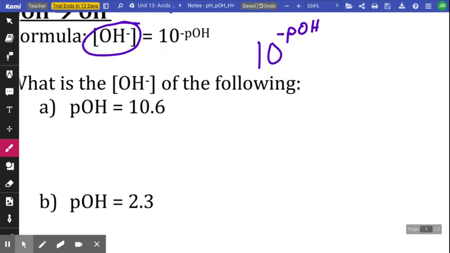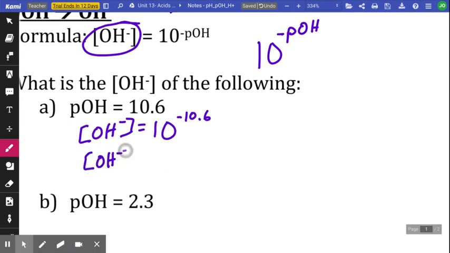So right here, what is my hydroxide concentration of each of the following? My pOH is 10.6, so negative 10.6. I'm going to plug that into my calculator, and I will end up with a hydroxide concentration of 2.51 times 10 to the negative 11.